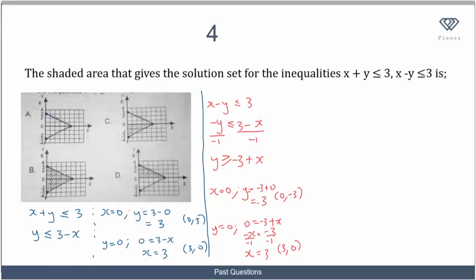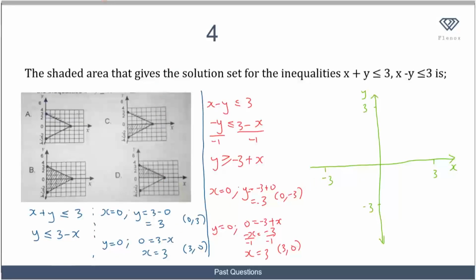So what is the next step? We try to sketch this out on the Cartesian plane. So to do that, we first sketch out the graph in our x and y plane. So we have our x and our y, and here we have minus 3, we have 3, and 3, and we have minus 3.